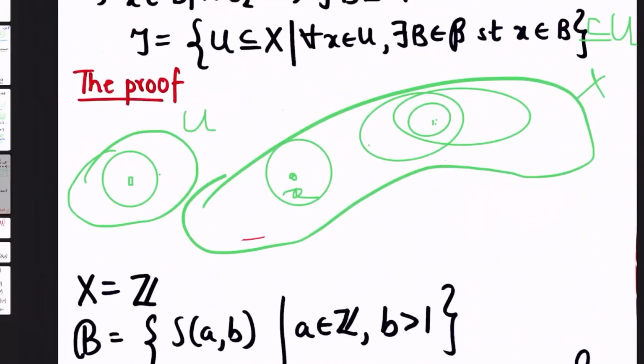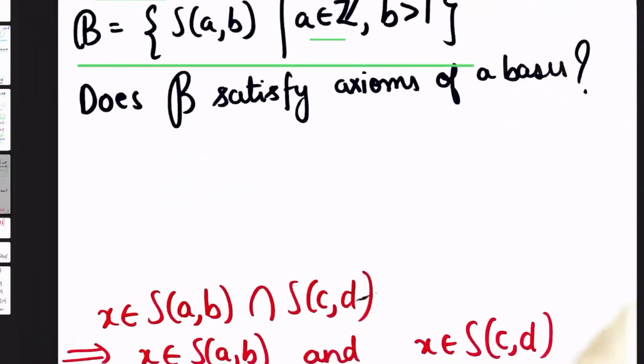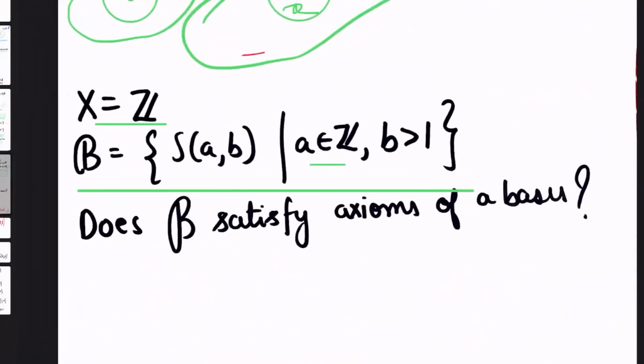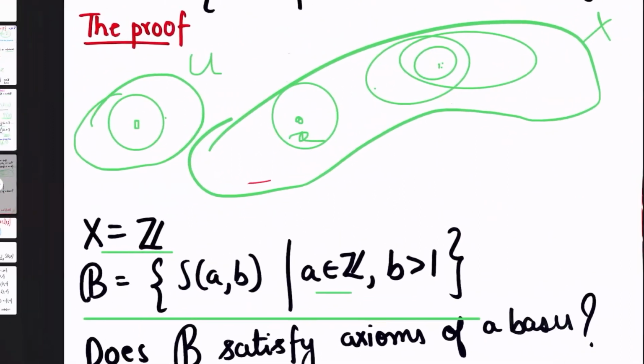We are working in the space of integers, and we consider the collection of all S_{A,B} where A can be any integer and B is strictly greater than 1. Our claim is that this forms a basis for the set of all integers. For that we need to make sure that these sets satisfy the two properties that we stated above.